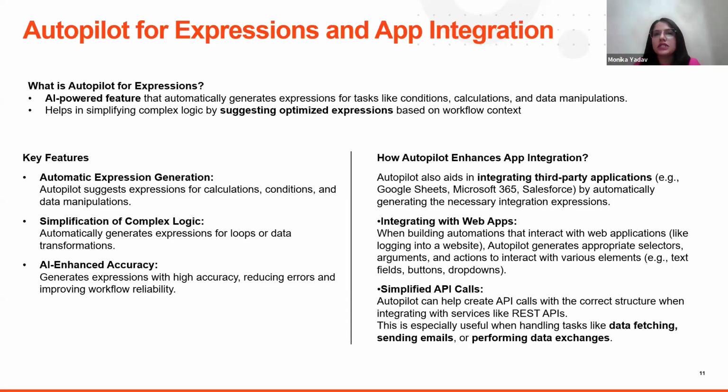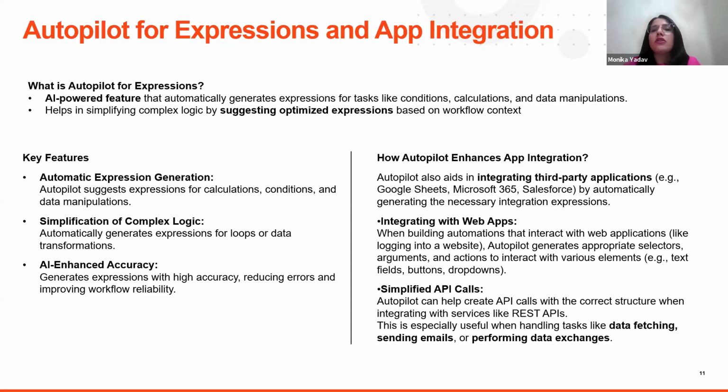Autopilot will filter the leads using expressions. Then it will map email fields and suggest a subject line to you as well. And then it will create the integration blocks for Outlook because you have to send the mail, and then format the rows and update the sheets directly. So with minimal manual effort, the logic is constructed with best practices in mind.